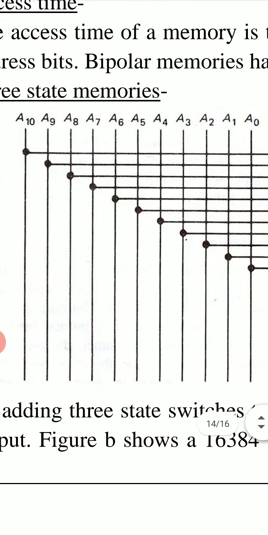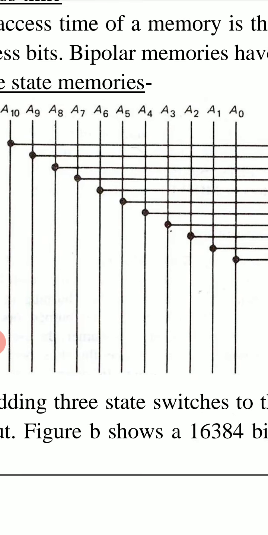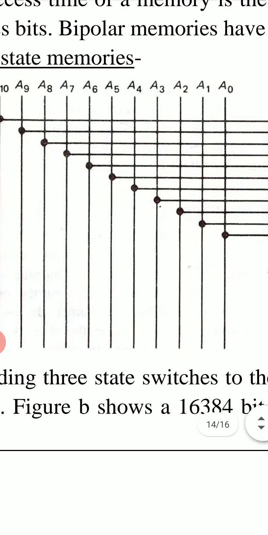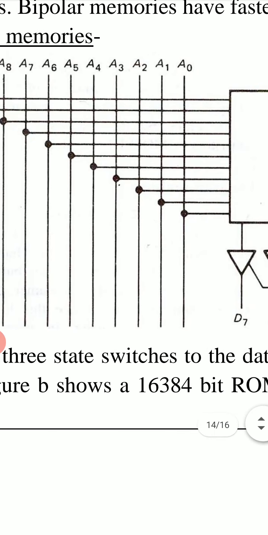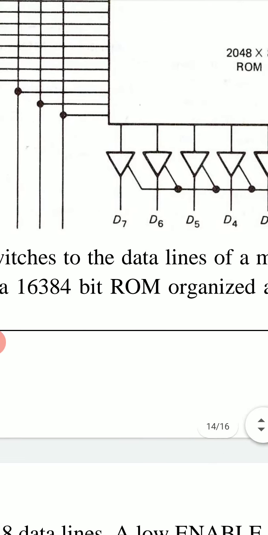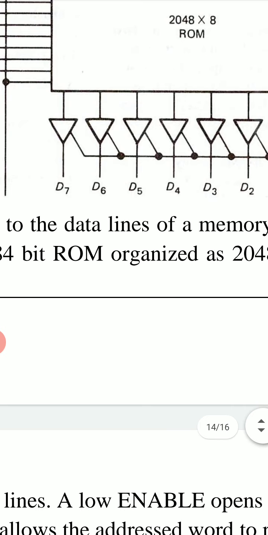Since these lines are 11, we have 2 to the power 11 memory locations, and each memory location will store an 8-bit word.